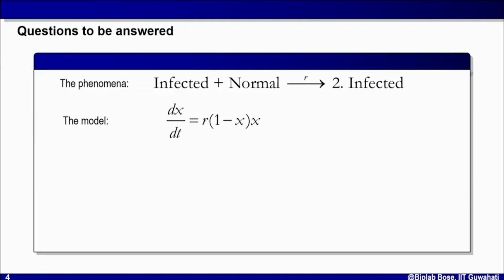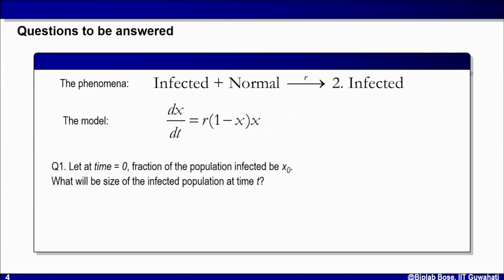So what are the questions that I can ask here? I can ask two types of questions. For example, I can ask like this. Right now, we have 2% of the population which is infected with common cold. And I know the rate constant for spread of the infection, that may be 0.5 per day.